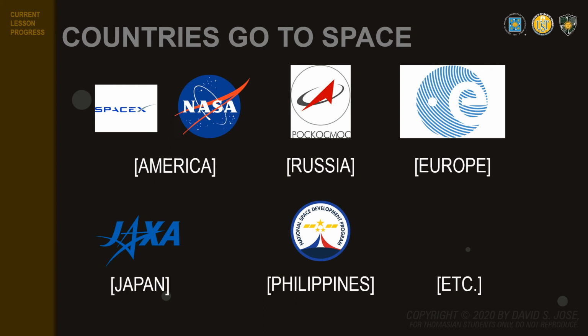That is why many countries saw that the best way is to race to Mars, because this is a politically and legally acceptable way to grab extra land. We have America, Russia, Europe, Japan, and of course us, the Philippines. Right now we do not have many rockets, but we do participate in some aspects of it.